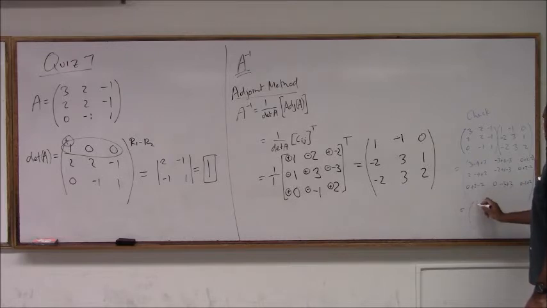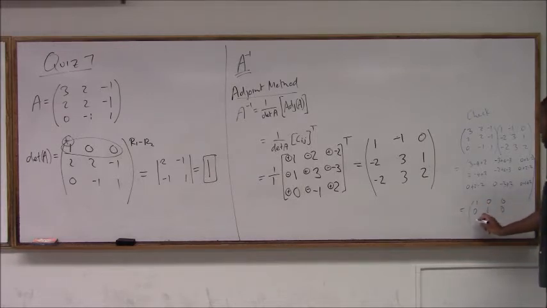So that's 1, 0, 0, 0, 6 minus 5 is 1, 0, 0, 0, 1. Right, so that's the right answer.